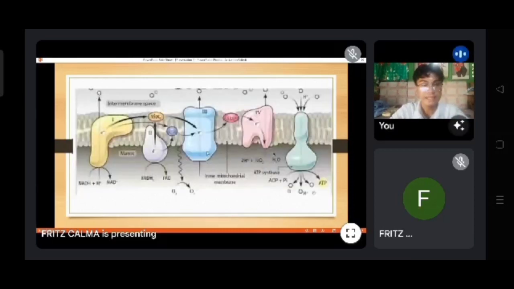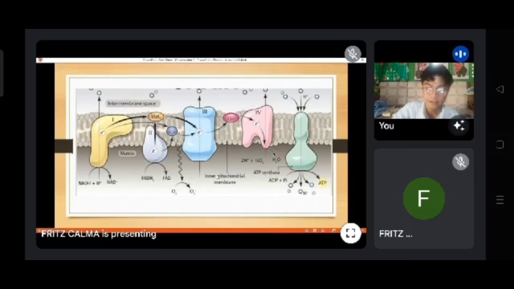So, as you can see, nandito na po yung diagram natin or yung picture po natin ng process of chemiosmosis. Tapos na yung citric acid cycle natin, and meron tayong NADH na na-produce and FADH.